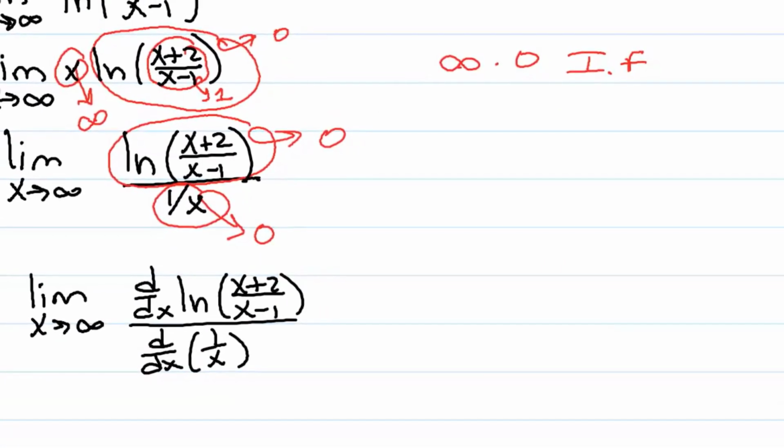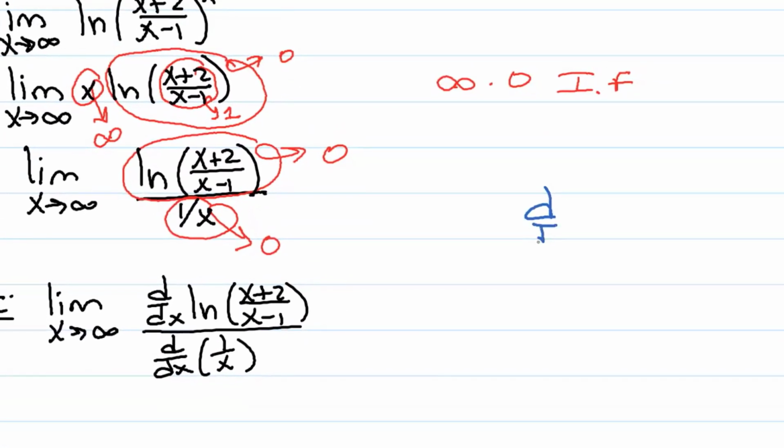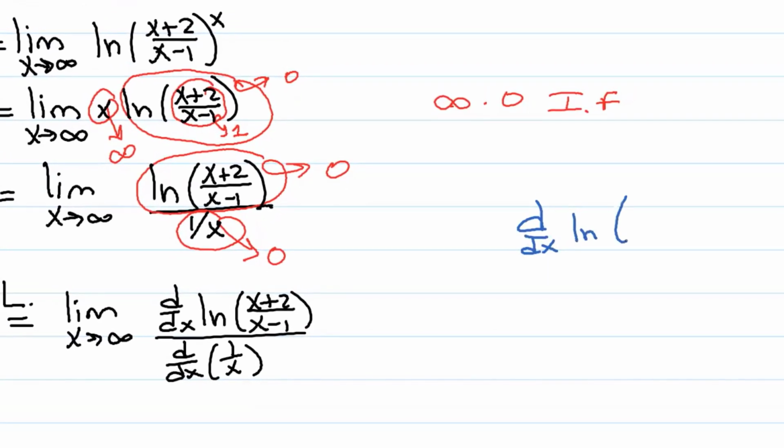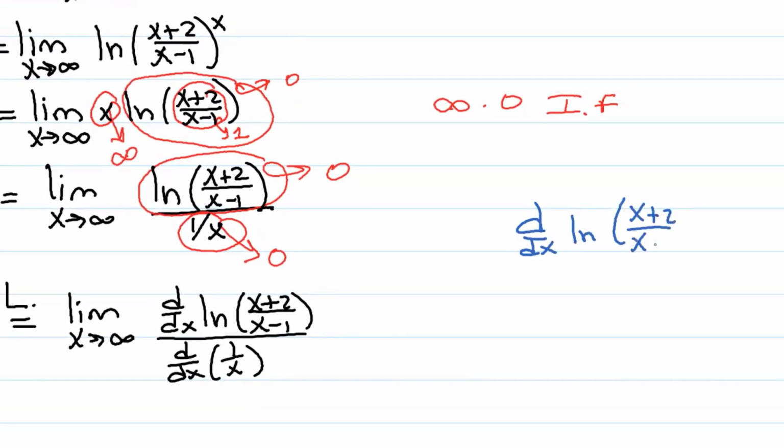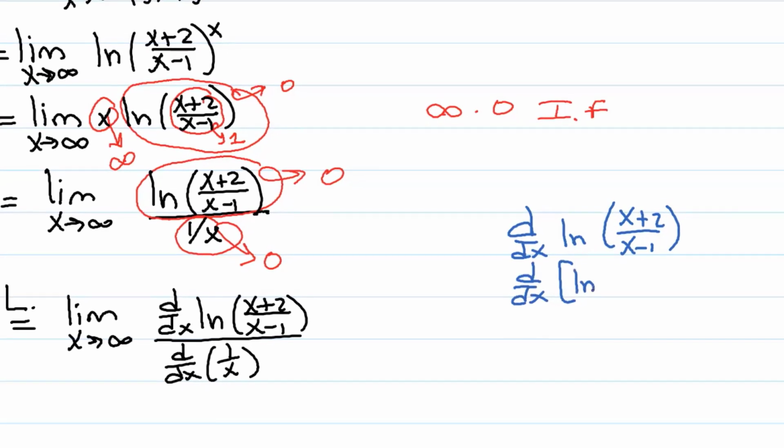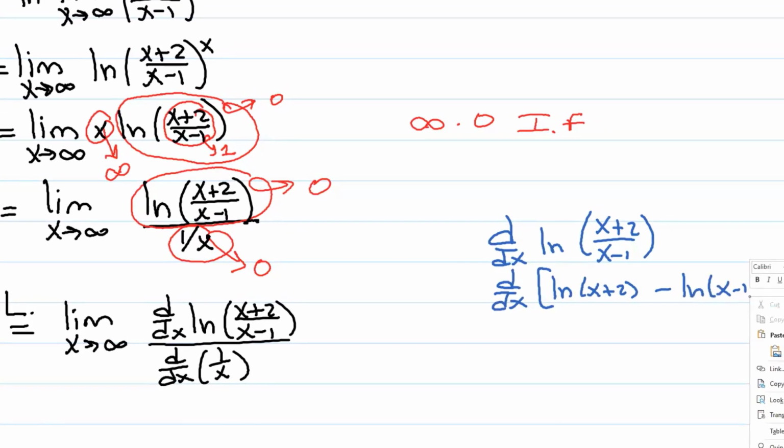So let's figure out the derivative of the natural log of (x plus 2 over x minus 1). It would be 1 over the inside times the derivative of the inside. However, taking the derivative of the inside is going to include a quotient rule. And there is a little cheat that you can do to make it a little simpler. We can use rules of logs, so it's not as complicated.